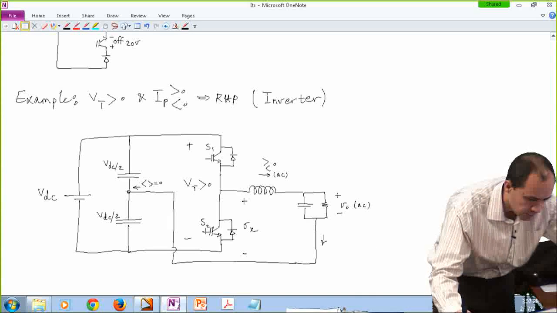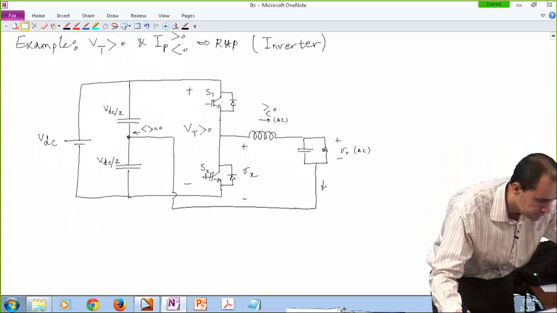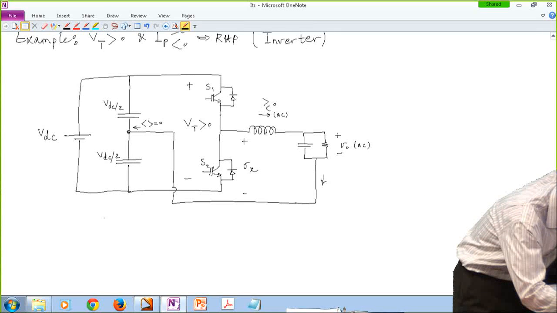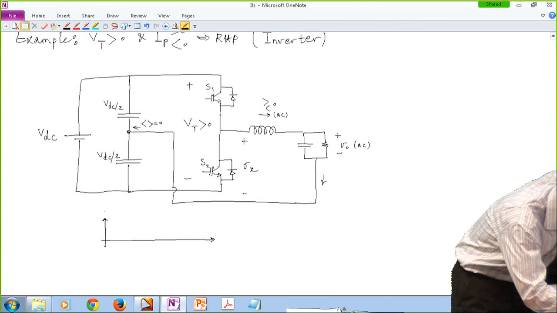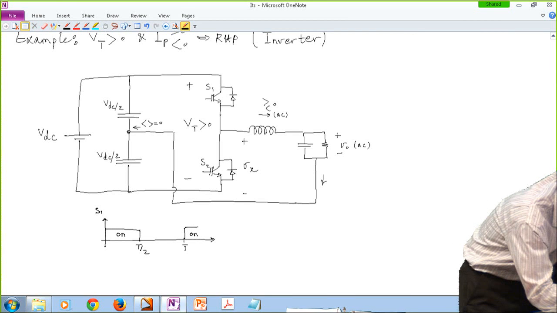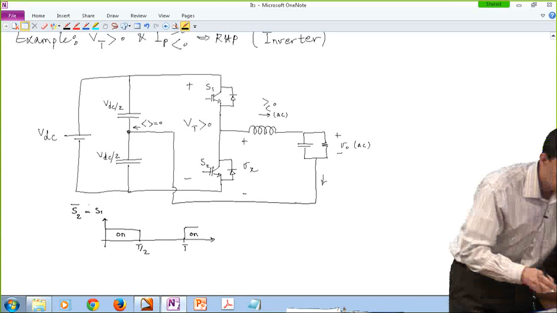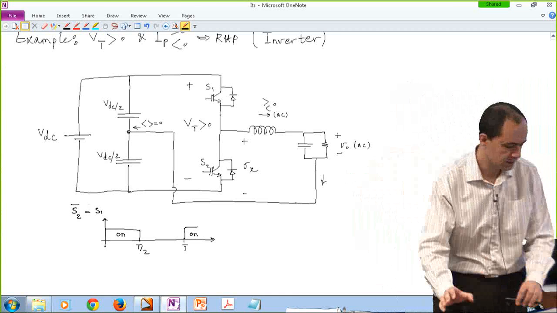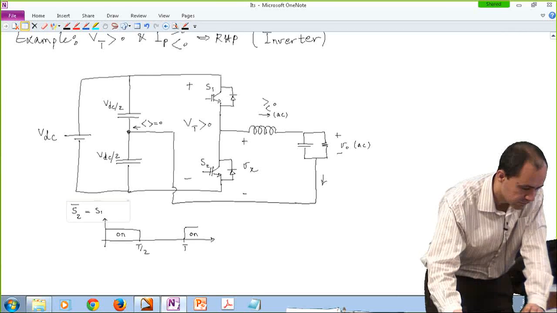So let me just draw it over here. And S1 is kind of complementing S2. So it's being turned on and off symmetrically, like 180 degrees on, 180 degrees off.